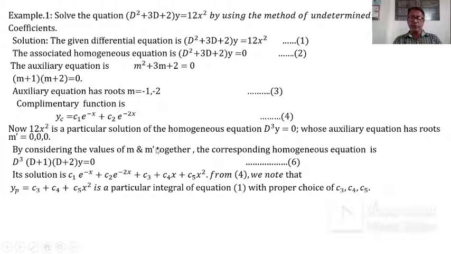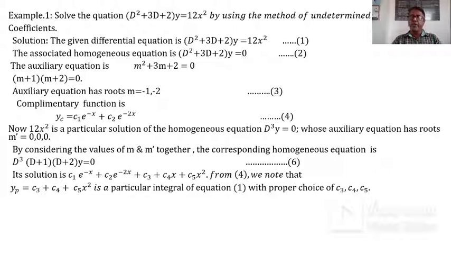Now, if we see from this equation 4, the first part is yc, right? Therefore, this second part we call yp dash according to our theory. But for simplicity in solving the example, we consider this yp. But yp does not contain the arbitrary constant.